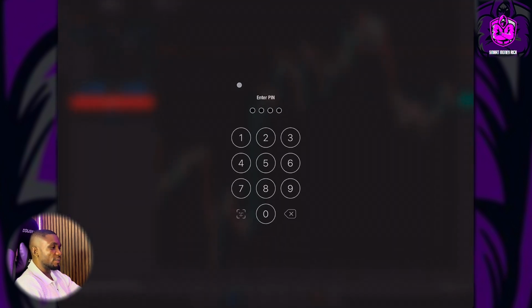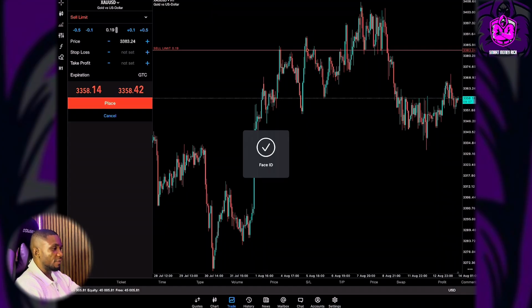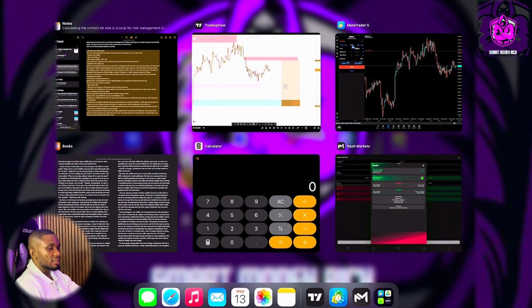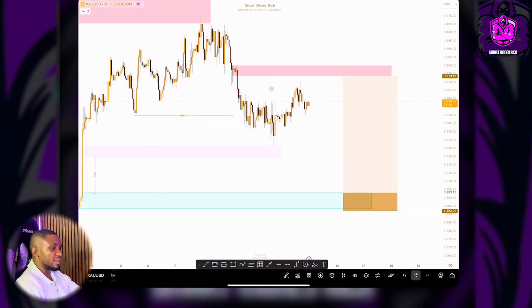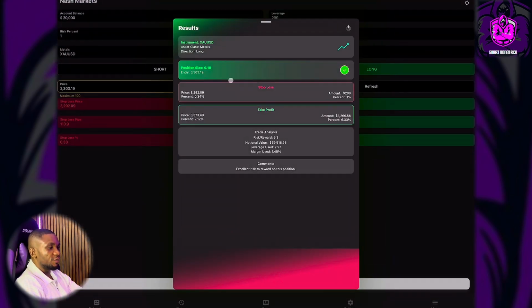So I go onto my MetaTrader 5 and set 0.18. Then I place my trade, and then it's gone. Then if you look, I'm risking just $200 on this, and I'm targeting $1,266. The risk reward is 1 to 6, and it's an excellent risk reward, right?